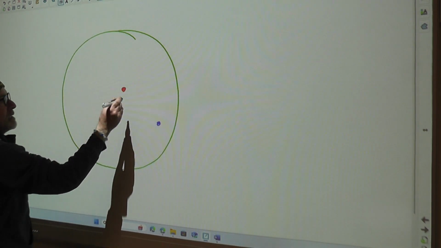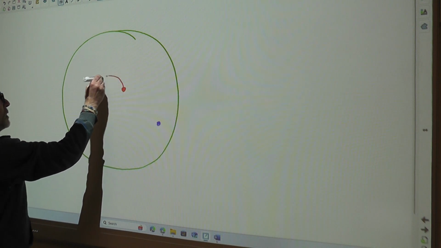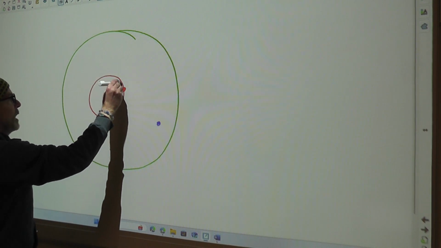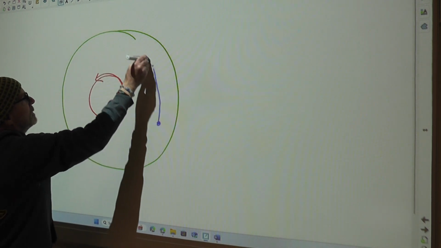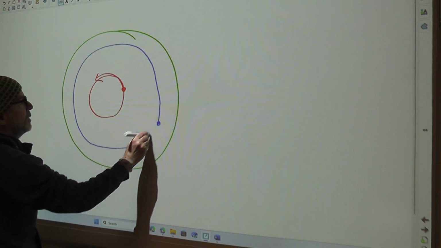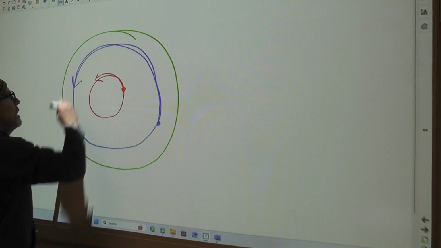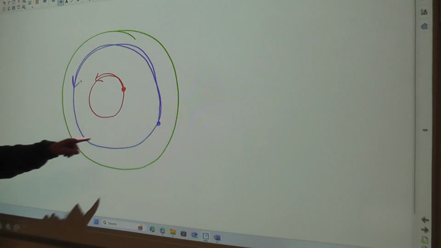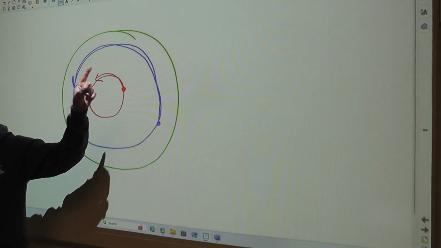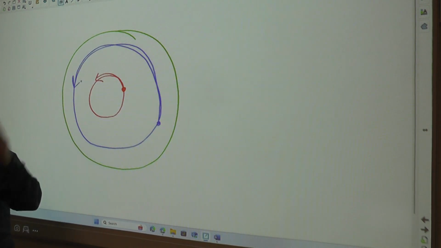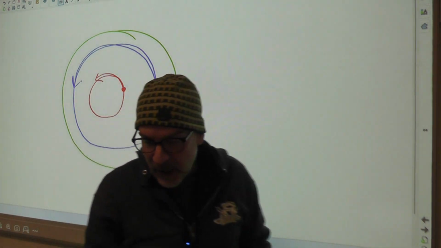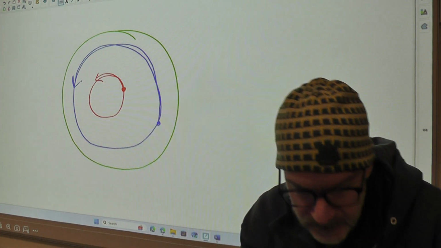And this thing, as it moves in a circle, is gonna move around like this. This thing, as it moves in a circle, is gonna move around like this. And you can see the blue dot is gonna move farther than the red dot if the circle makes one full rotation.